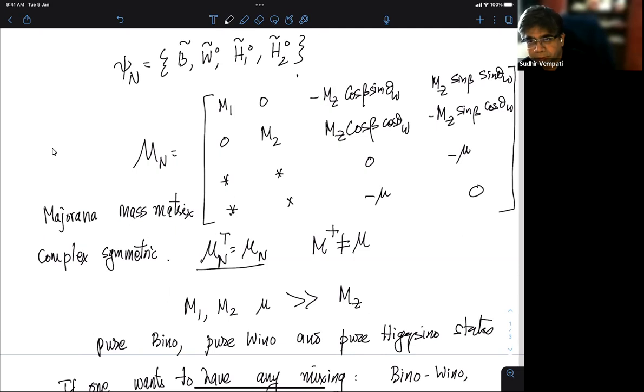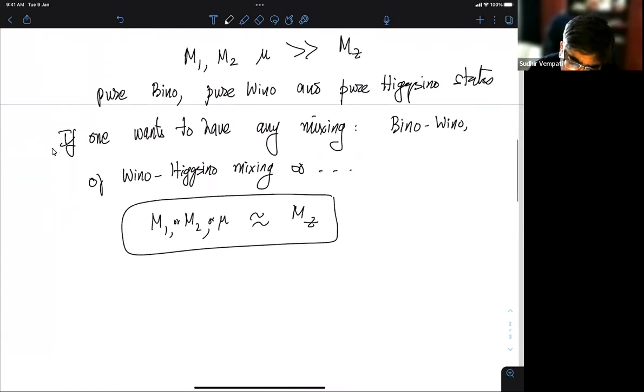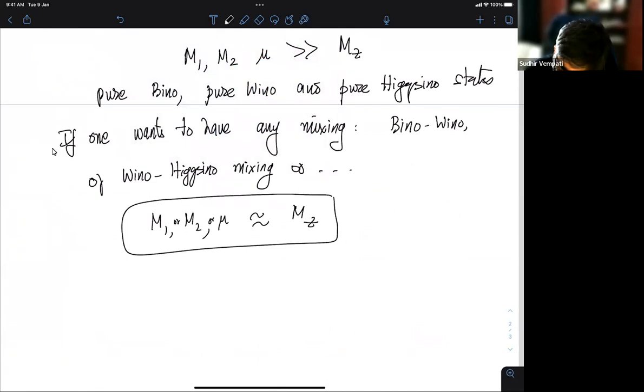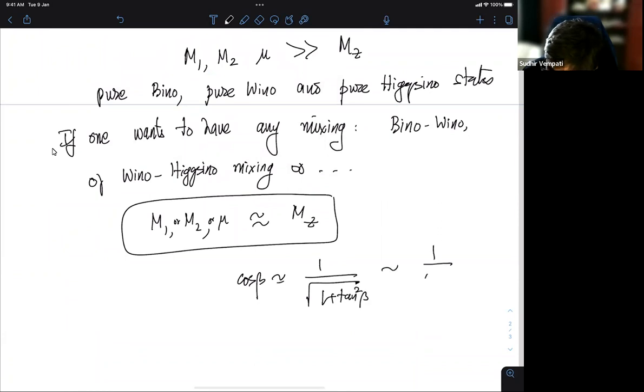One component you can mix reasonably, but the other component becomes much harder with larger and larger tan beta. Last time we discussed that cos beta is 1 over root of 1 plus tan square beta, which is nothing but 1 by tan beta.